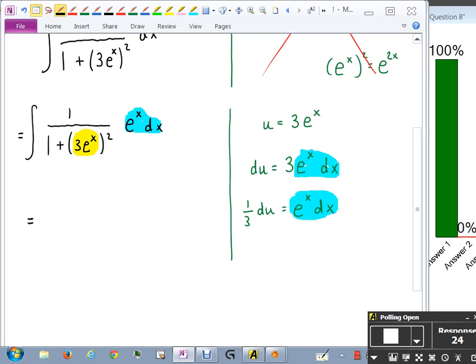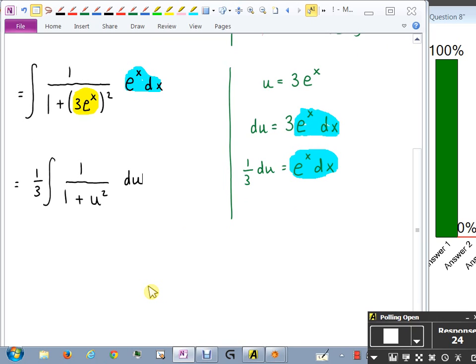Okay, are we good? Are we matched up exactly here now? Let's rewrite it. What do we got? 1 over 1 plus u squared times 1/3 du. I'm going to stop putting those constants in there because they keep on coming out, don't they? So I'm just going to put them out there now. Put my du out here.